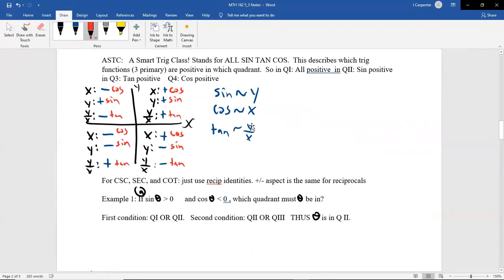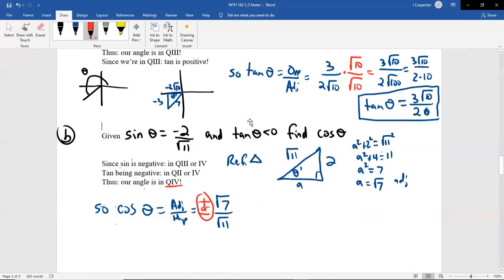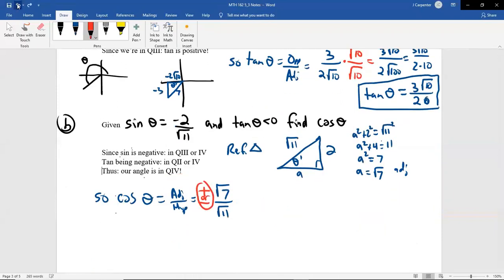Cosine goes like the x value. So I'm actually going to leave this in here and say that in quadrant 4, cosine is positive. So this is going to end up being just the square root of 7 over the square root of 11.